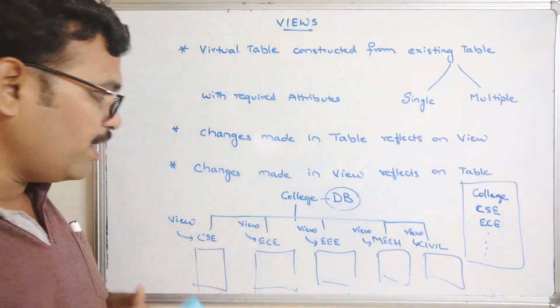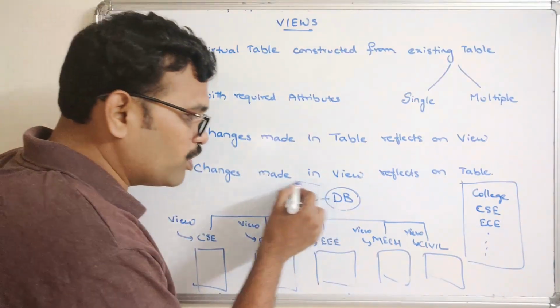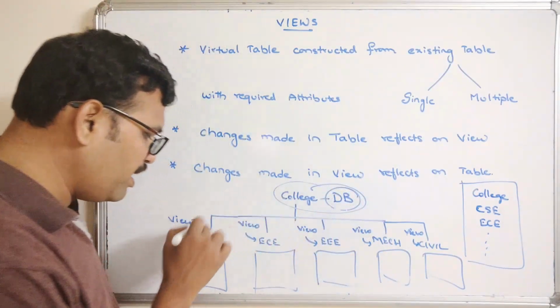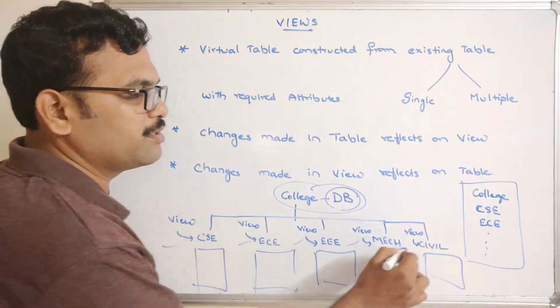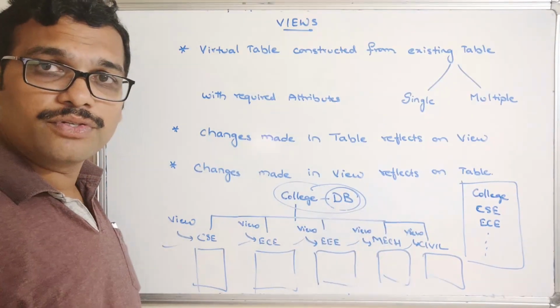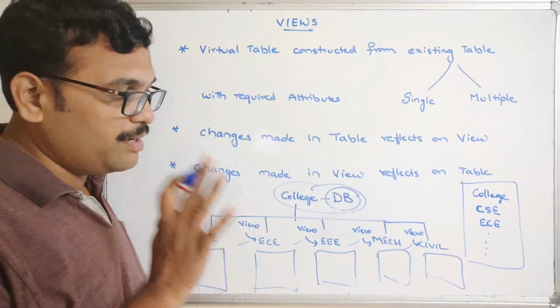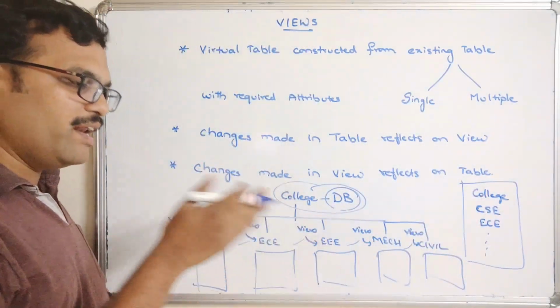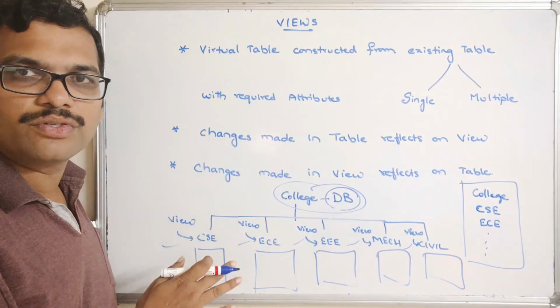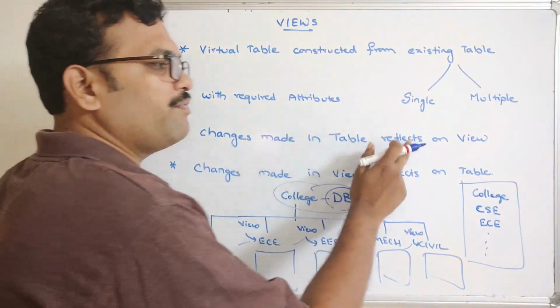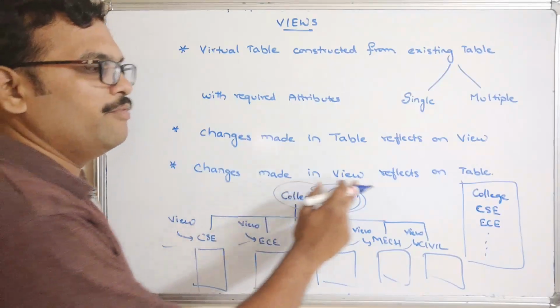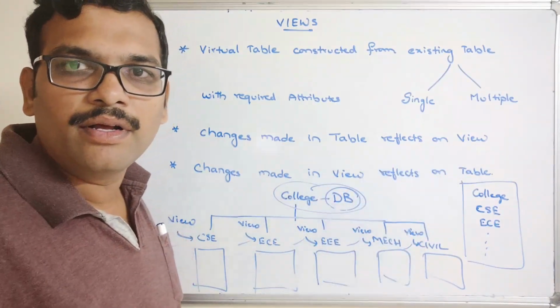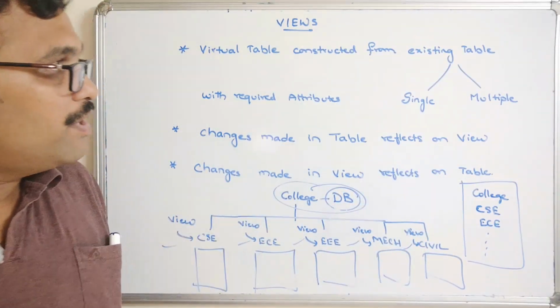If there are any changes made in the original table, they will also be reflected on these individual tables, because these are all views, right? That is the main advantage of why we are not creating multiple tables but simply views. So changes made in the table reflect on the view, and changes made in the view reflect on the table, right? This is the purpose of views.